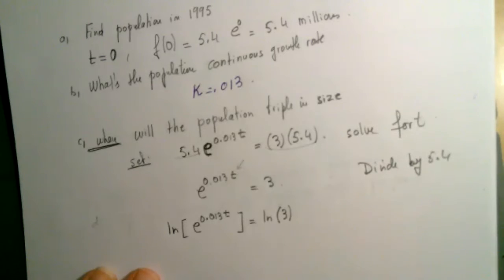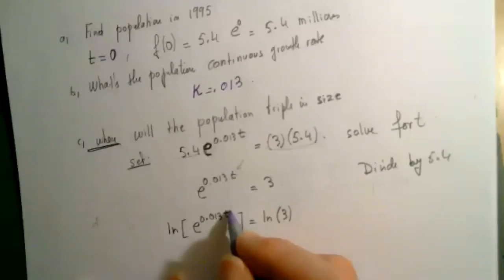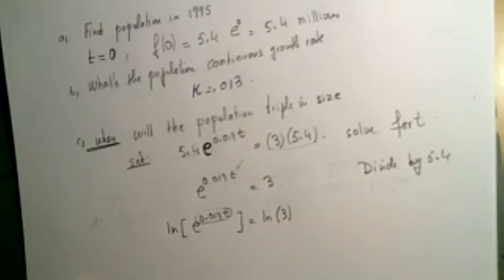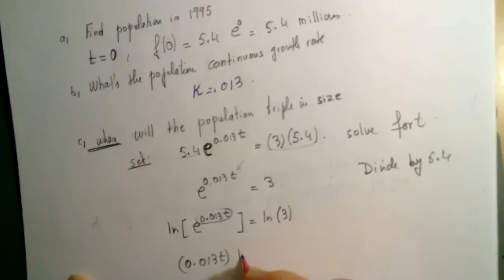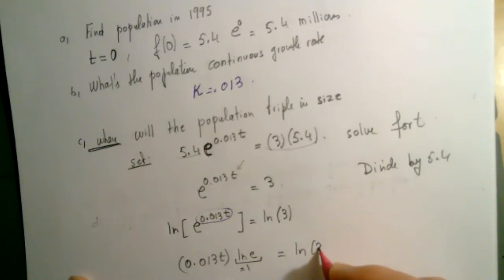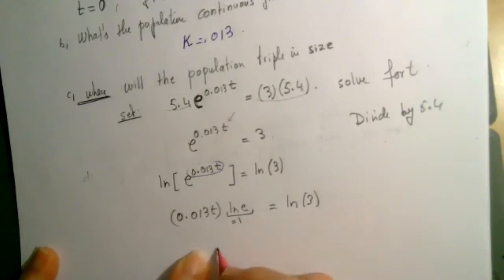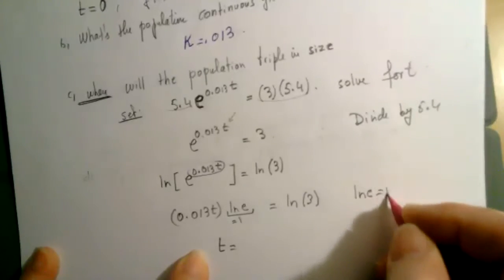It's already easier than dealing with the other format, because ln of e to anything will give me 0.013t times the ln of e, but the ln of e is equal to 1, equal to ln of 3. So I don't have to keep carrying it.